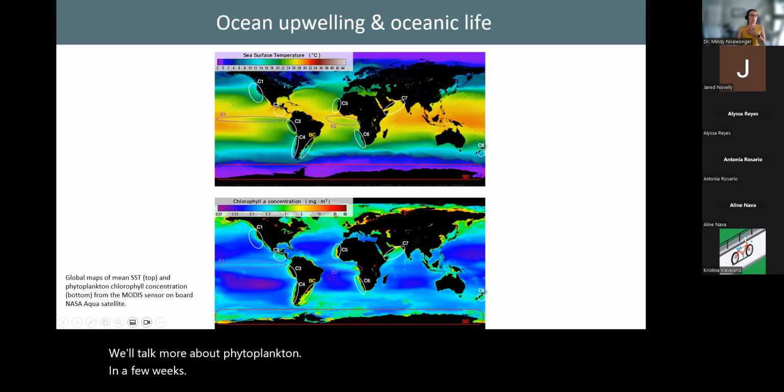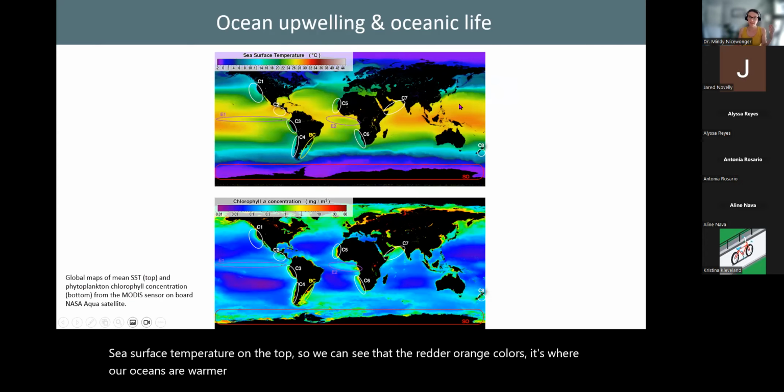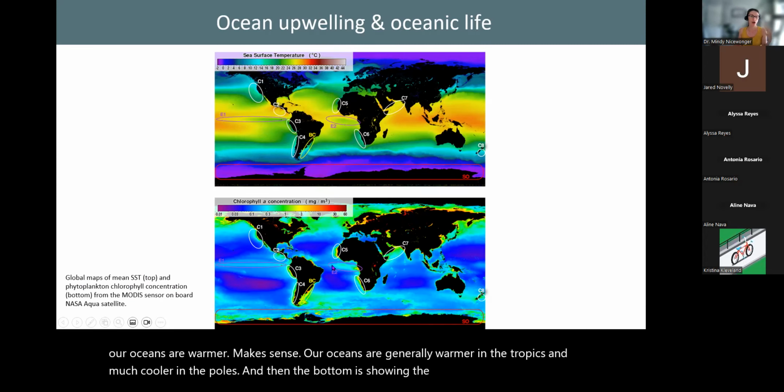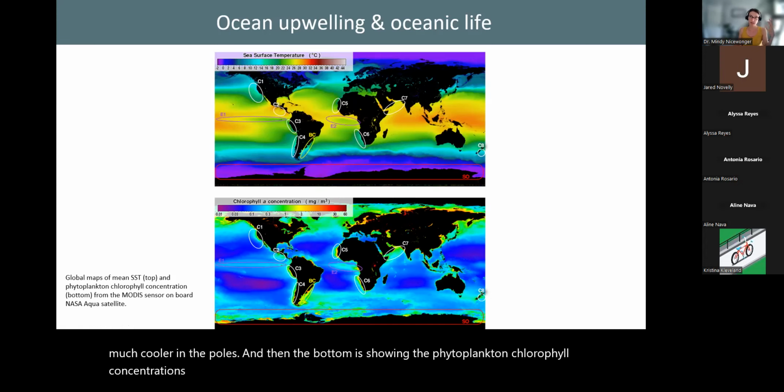Okay, so these maps here are showing sea surface temperature on the top, so we can see that the redder orange colors are where our oceans are warmer. Makes sense. Our oceans are generally warmer in the tropics and much cooler in the poles. And then the bottom is showing the phytoplankton chlorophyll concentrations, again, based on satellites.